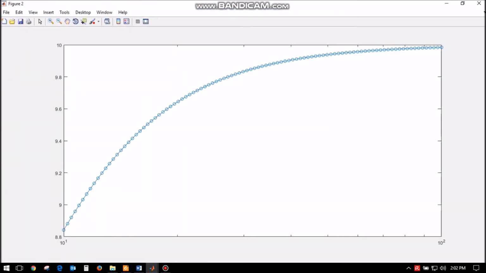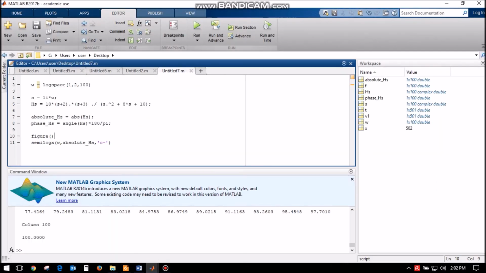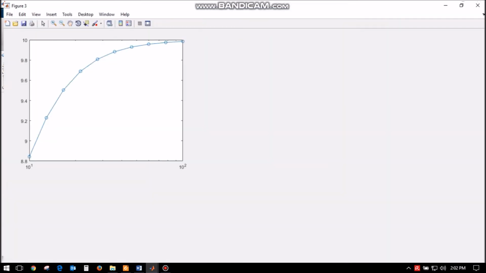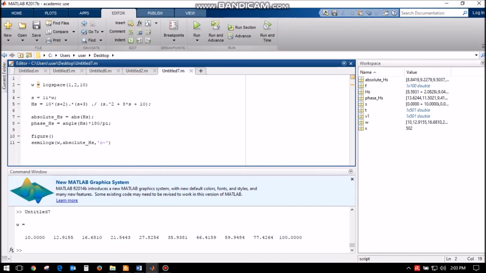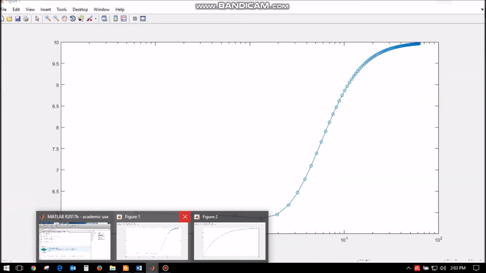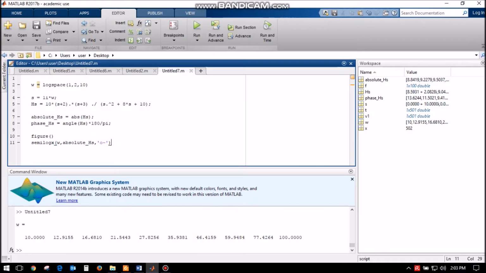So from here to here we have 100 points. Or you can reduce it to just 10 points, but that will not give you a smooth shape, right? It's better to go with higher points, but not too much, because it will just slow the computer down.